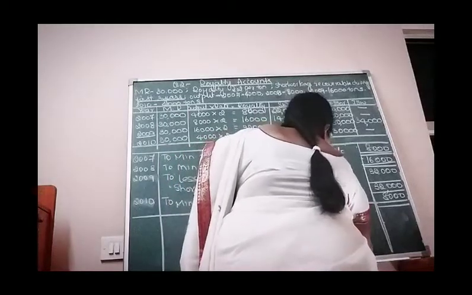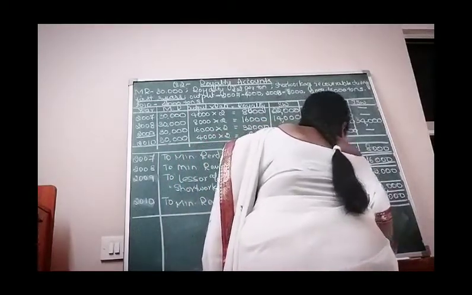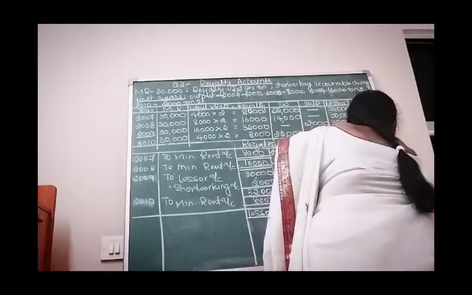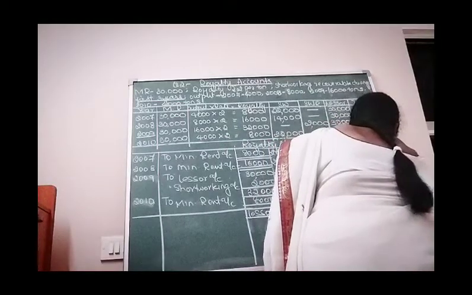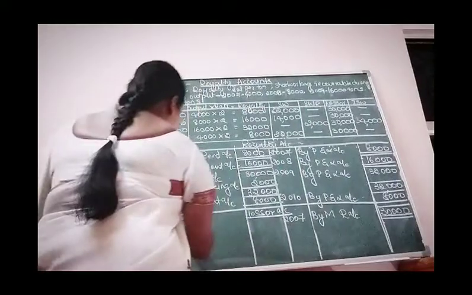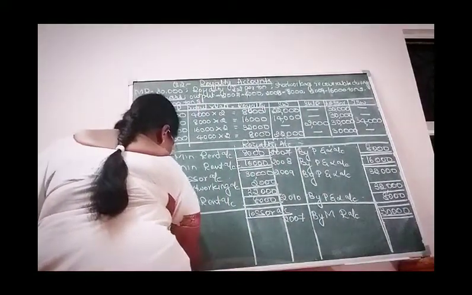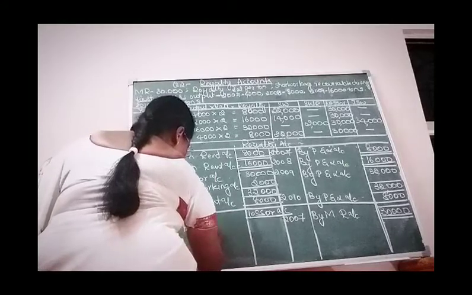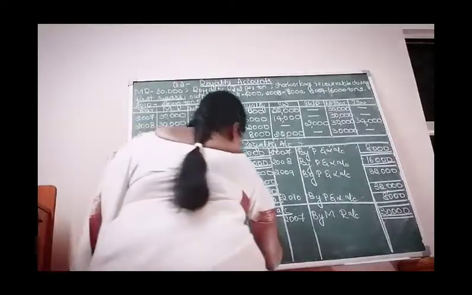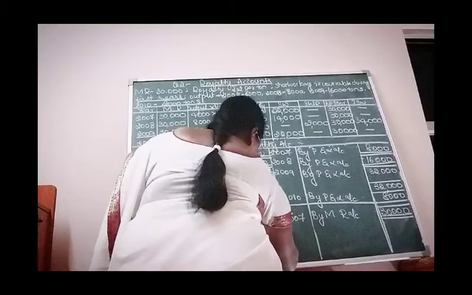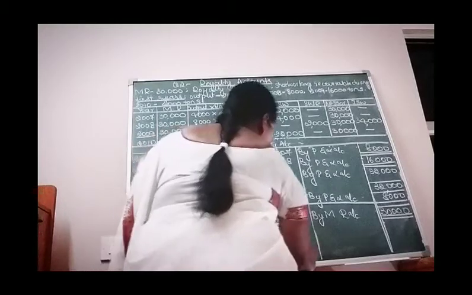First year we are going to make the payment of minimum rent of rupees 30,000, and for the first year you write the due entry, and to the debit side you write for the payment of minimum rent for 30,000.